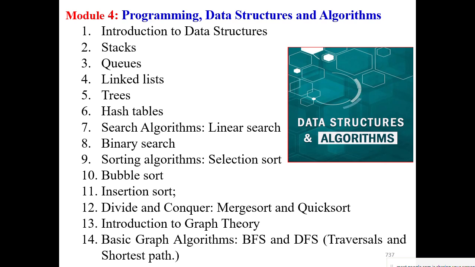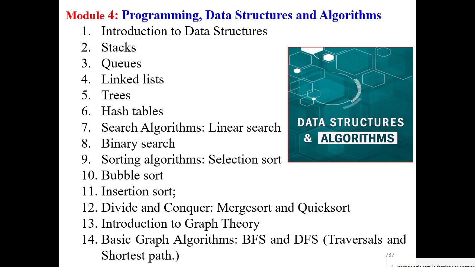Searching algorithms are of two types. Searching is finding whether an element is present in the database or not. The two types are linear search and binary search. Linear search searches a sequence of items in a given data set, and its time complexity is order of n.